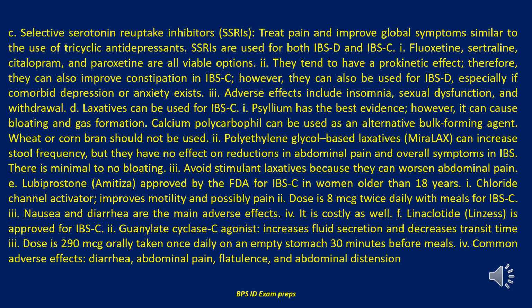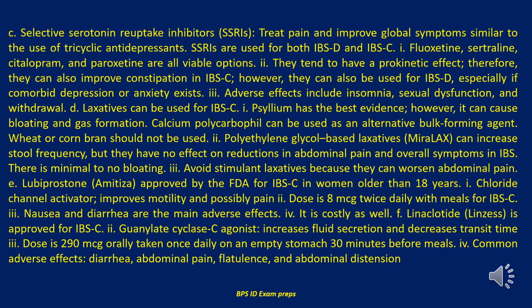They tend to have a prokinetic effect, therefore they can also improve constipation in IBS-C. However, they can also be used for IBS-D, especially if comorbid depression or anxiety exists. 3. Adverse effects include insomnia, sexual dysfunction, and withdrawal.